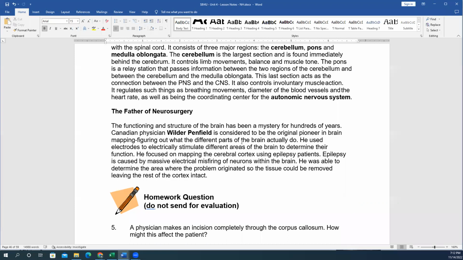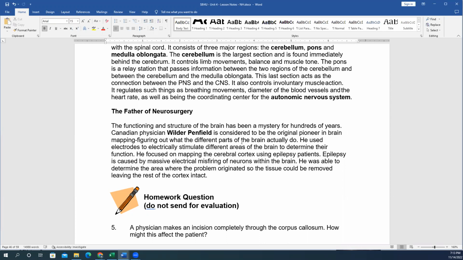And he used electrodes to actually electrically stimulate different areas of the brain to determine what their function is. His focus was on mapping the cerebral cortex, and he used epilepsy patients to do this.